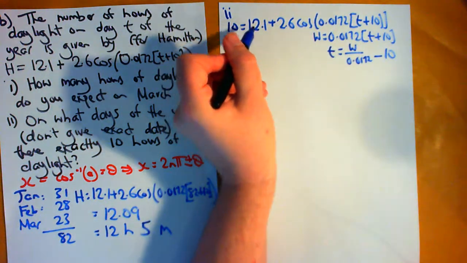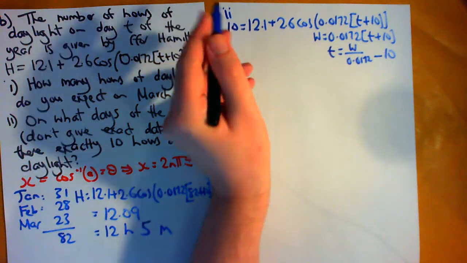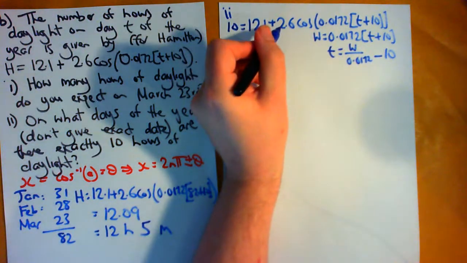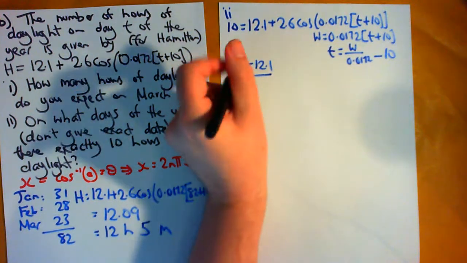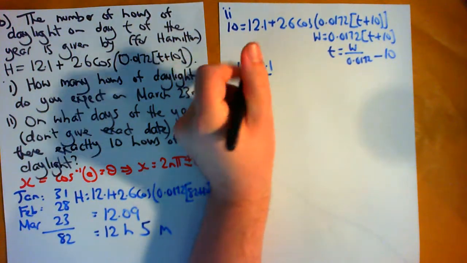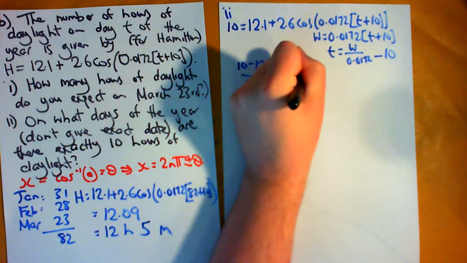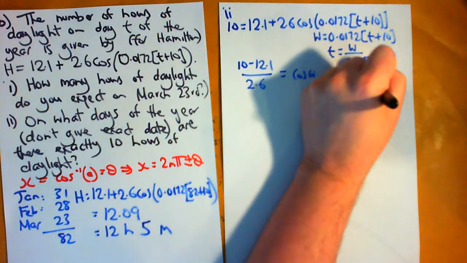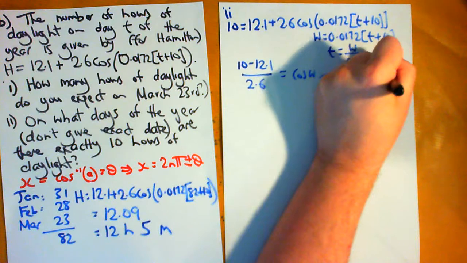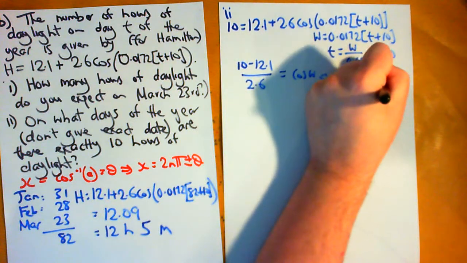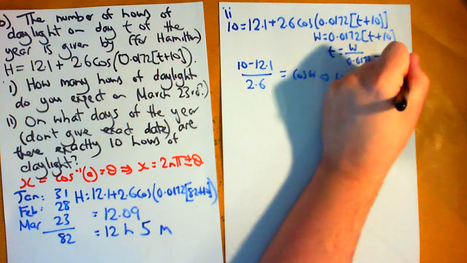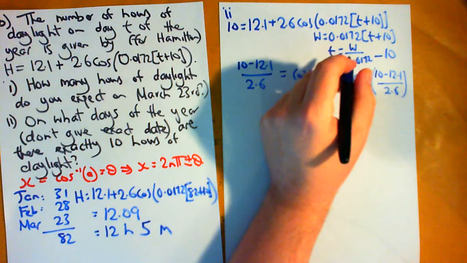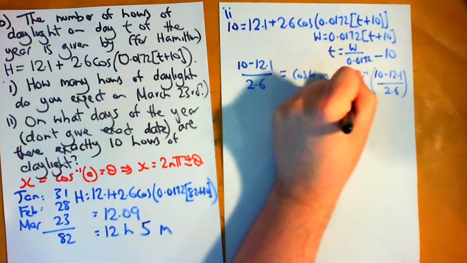We'll need to subtract 12.1 from both sides, so we get 10 minus 12.1 equals 2.6 times cosine, so we can divide by 2.6 and that equals cos of W. So therefore W is going to be cosine inverse of 10 minus 12.1 divided by 2.6, and if we calculate that we get an answer of 2.511.